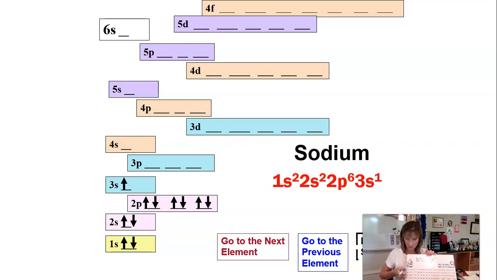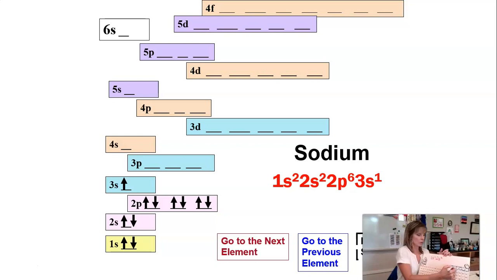Sodium, back down here. What do you think sodium is? Sodium's right here. 1s2 is filled. Go to the next row. 2s2 is filled. We're not to sodium yet.